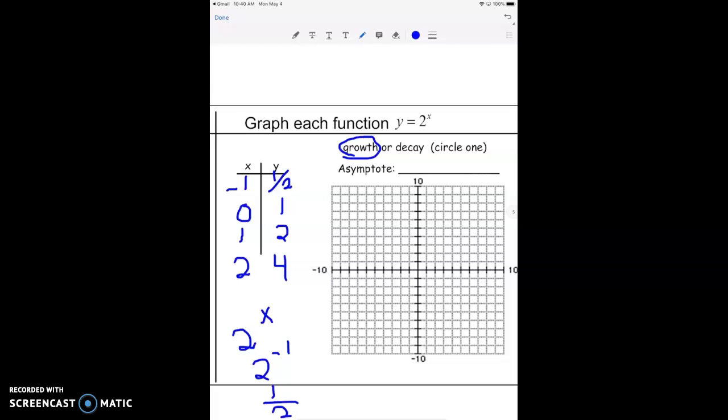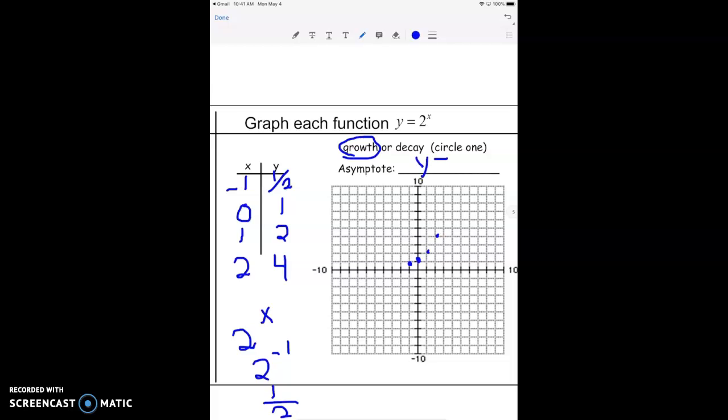So now if I'm graphing this, at 0, I have 1, at -1, I have 1/2, sorry guys, this stylus is not very good, at 1, I have 2, and then at 2, I have 4.